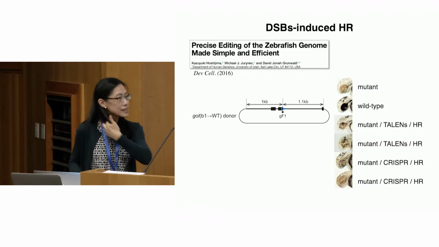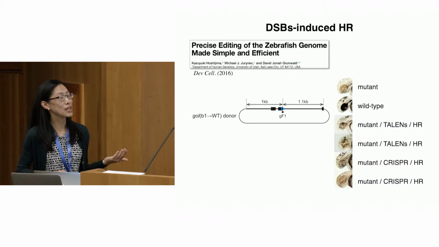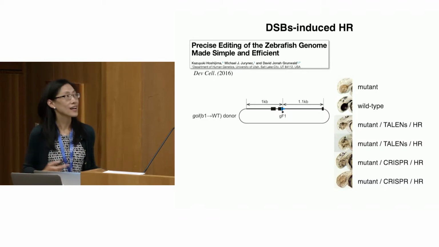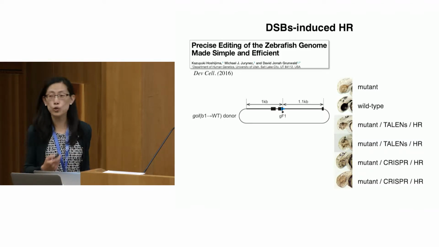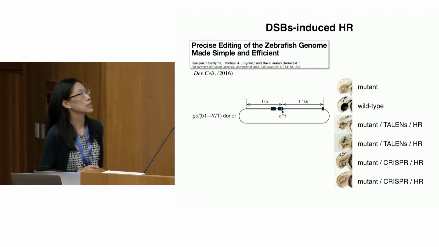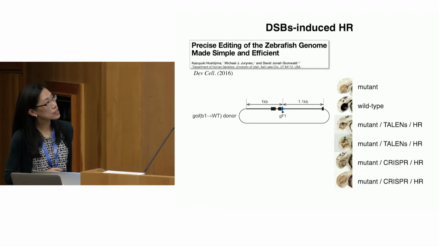The approach using homologous recombination to make precise additions to the genome can also be achieved in zebrafish using the traditional donor vectors containing about 1 kb homologous arms.